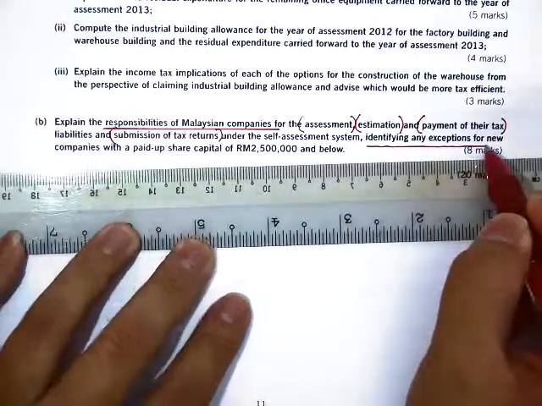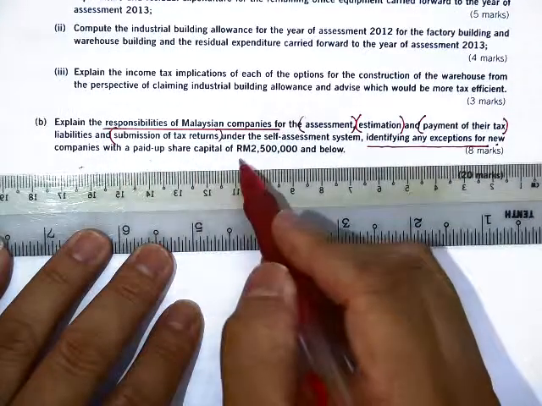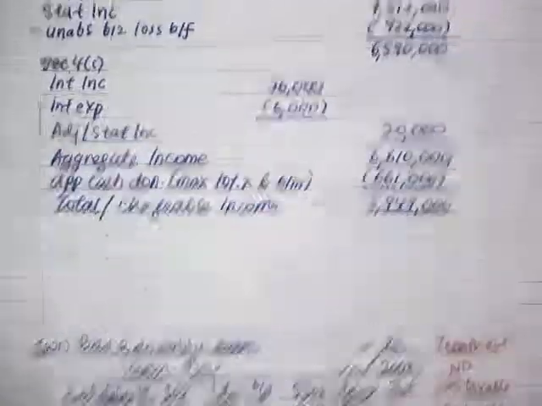Identify any exception for new company if their paid up is 2.5 million ringgit and below. Okay. We got to write 8 things. Number 1.